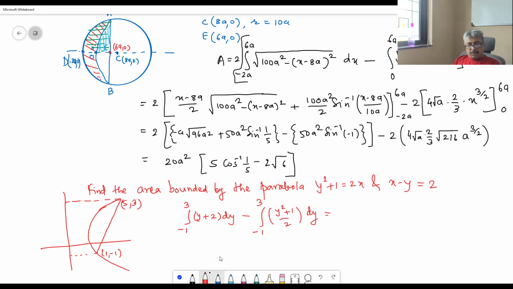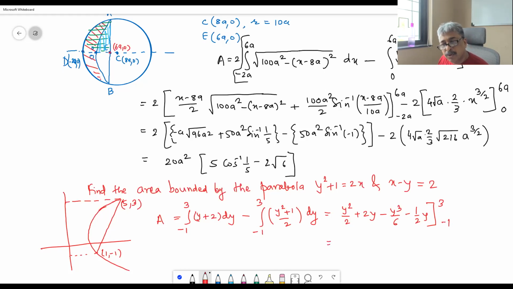This is the required area. Because the limits are the same, what we can do is this is y square by 2 plus 2y minus y cube by 6 minus half y to be evaluated between 3 to minus 1.